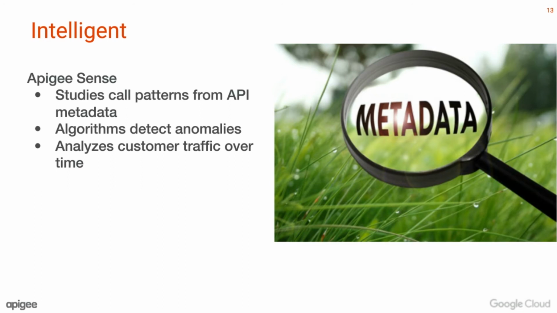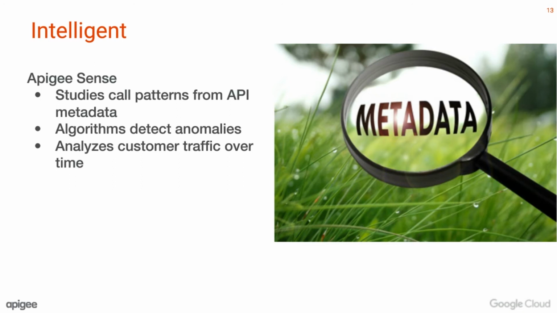Apigee Sense studies the call patterns and uses that to identify aberrations in traffic. It is unique to each of our customers, and you can tune your own rules for detection, as well as define the specific behavior that you want once suspicious activity is detected.